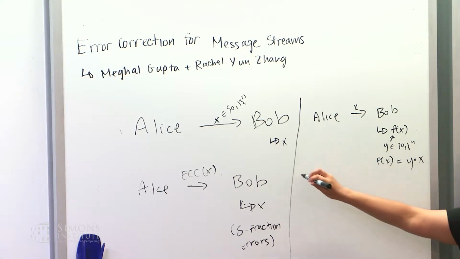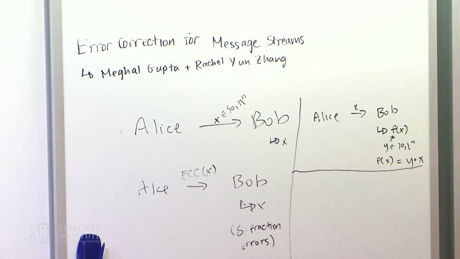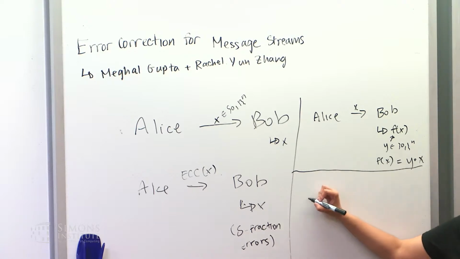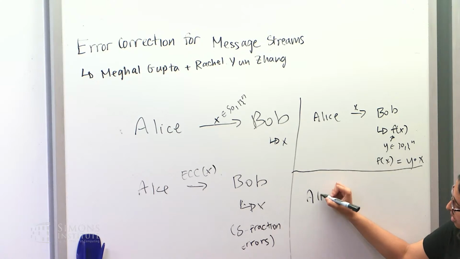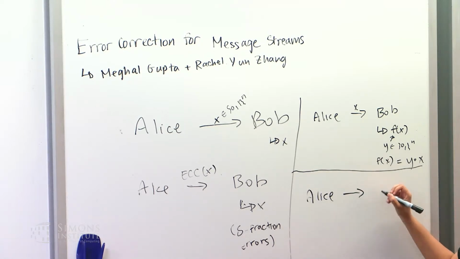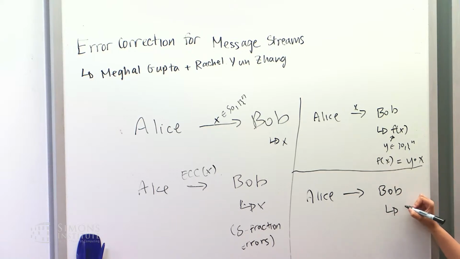The main question that we're going to be discussing in this talk is: can you do the same thing? Can you error correct in the streaming setting? So what is the analog of this question in the streaming setting? We want Alice to send something to Bob such that Bob is still able to output y dot x.